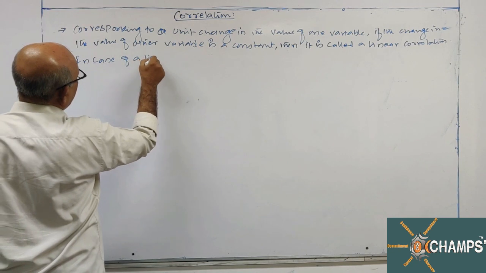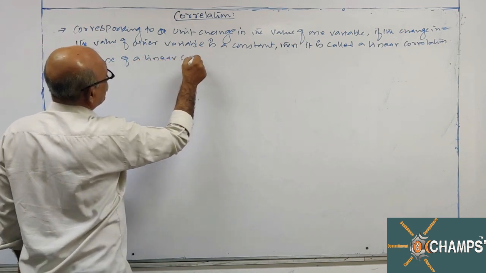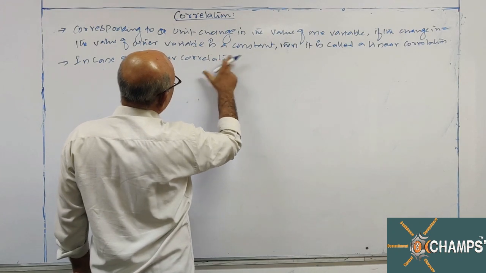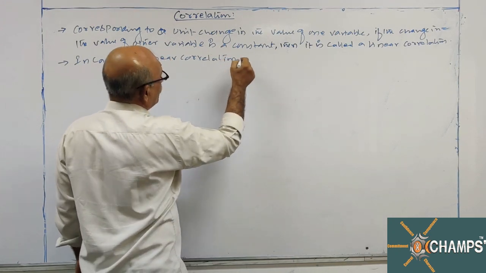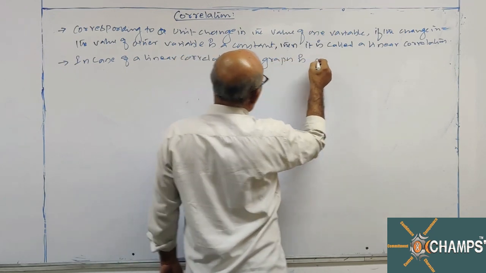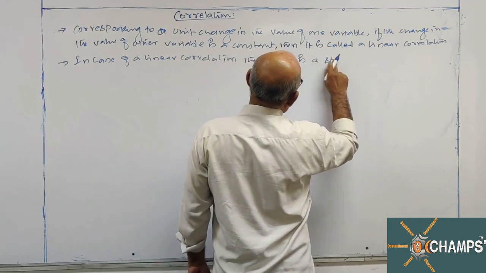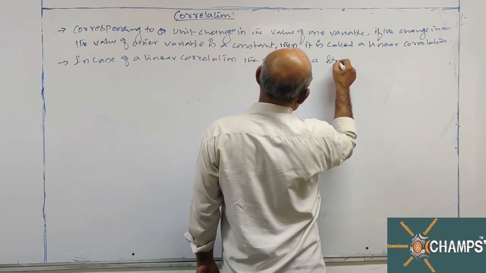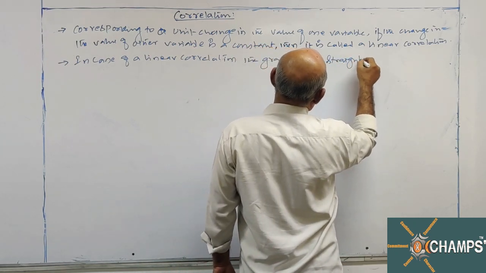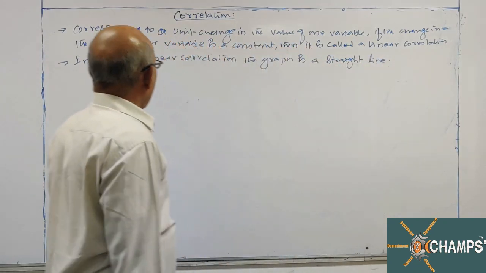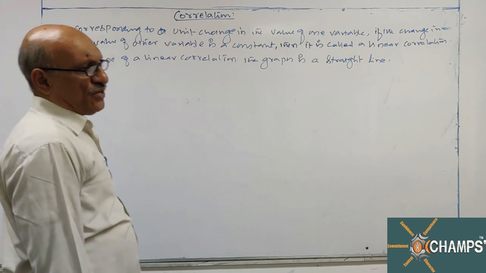In case of a linear correlation, the graph is a straight line.